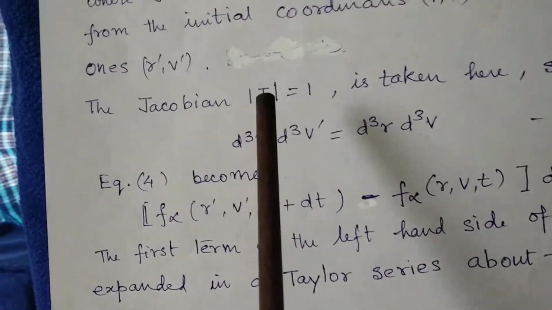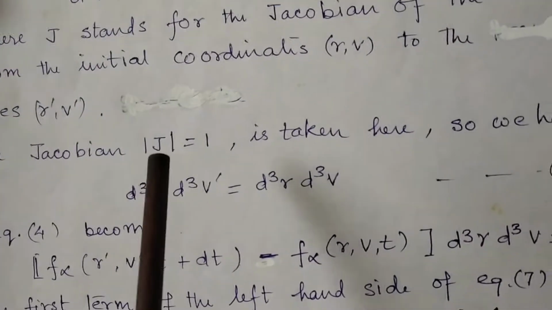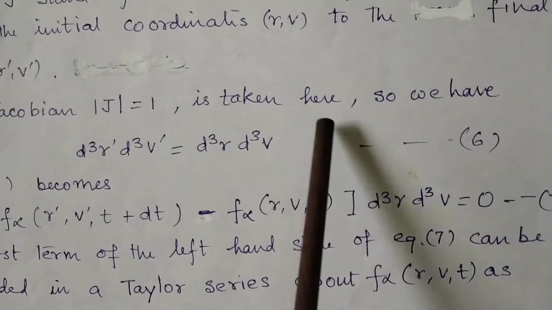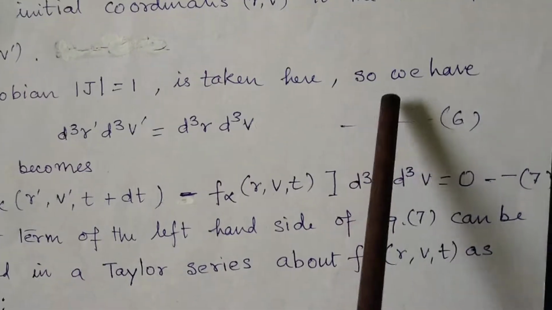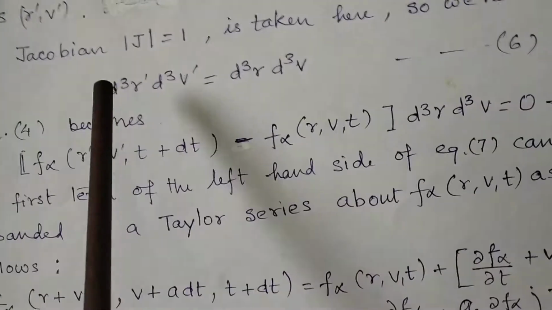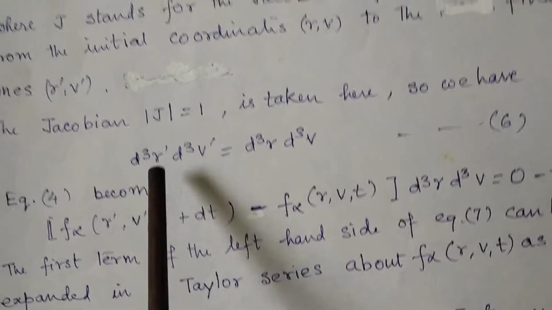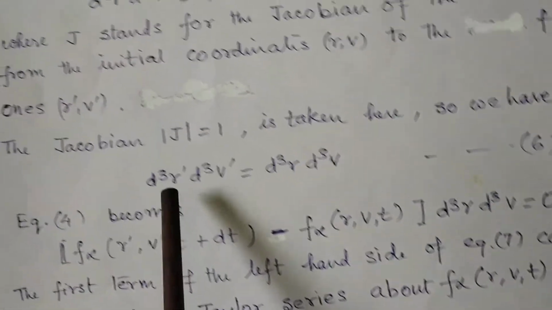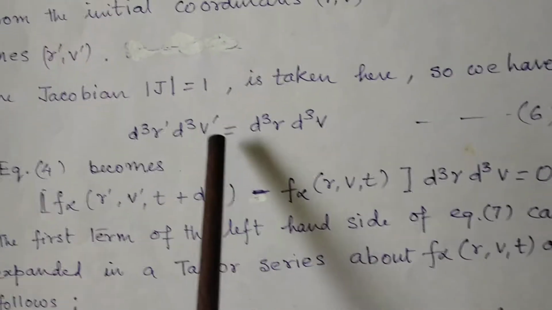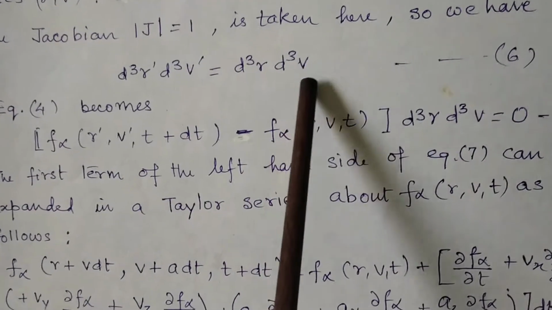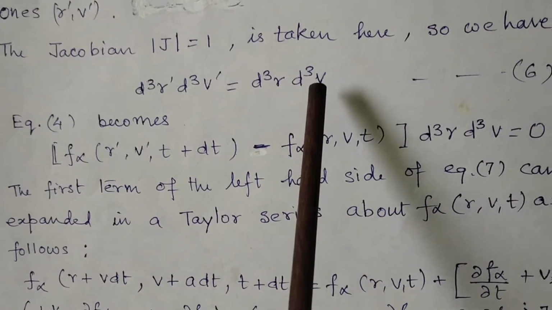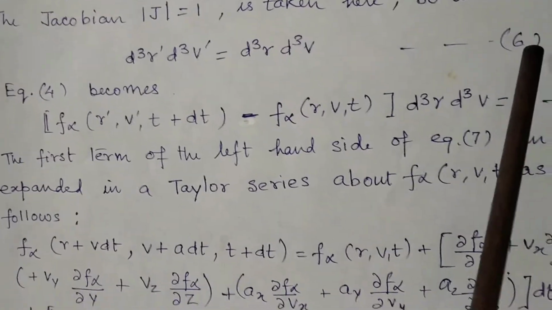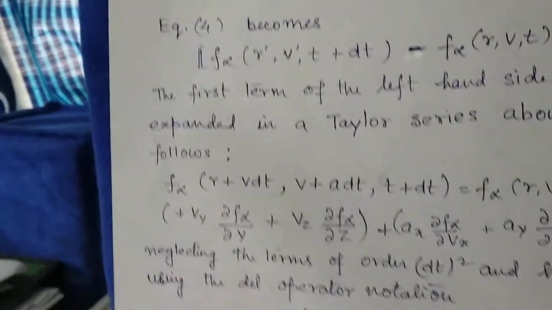The absolute value of the Jacobian J is taken as 1 here. So equation 5 can be reduced to this form: d³r′ d³v′ equals d³r multiplied by d³v. This is equation number 6.